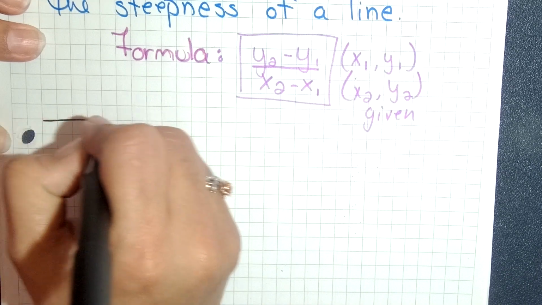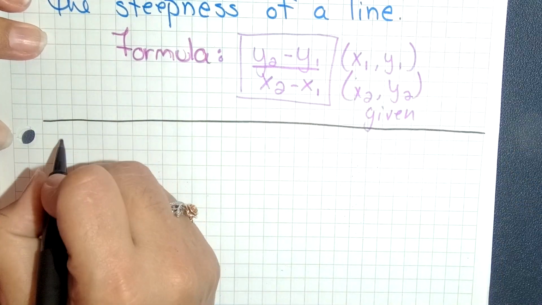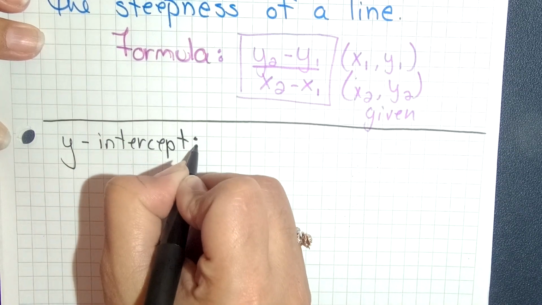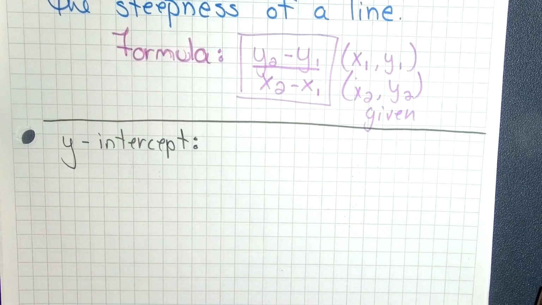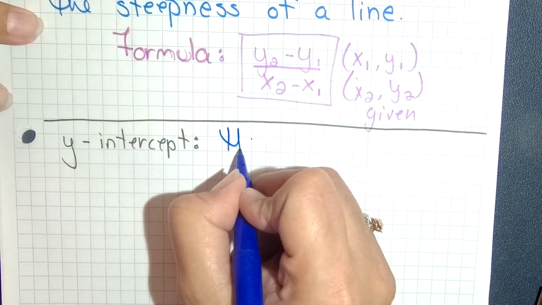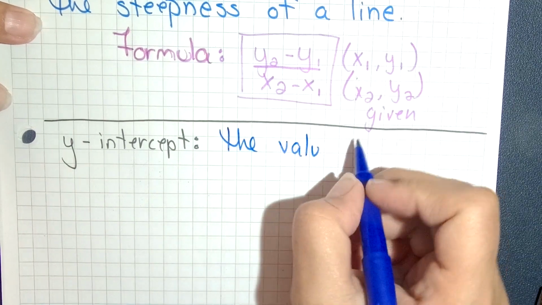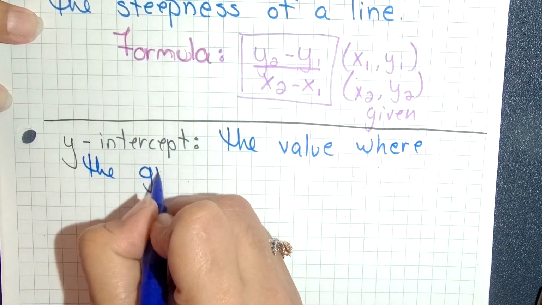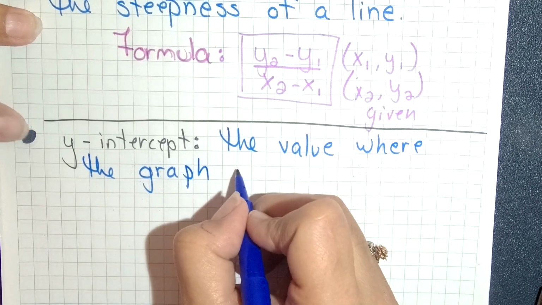The next review vocabulary word is y-intercept. Anybody remember the definition for y-intercept? Yeah, use words. It is the value where the graph intercepts what?